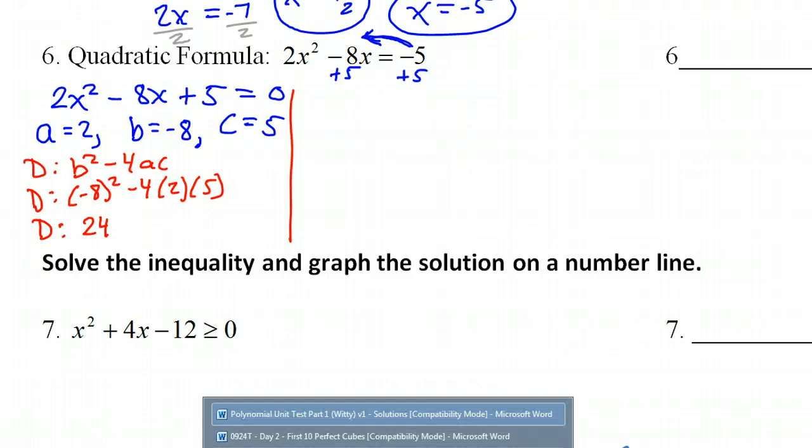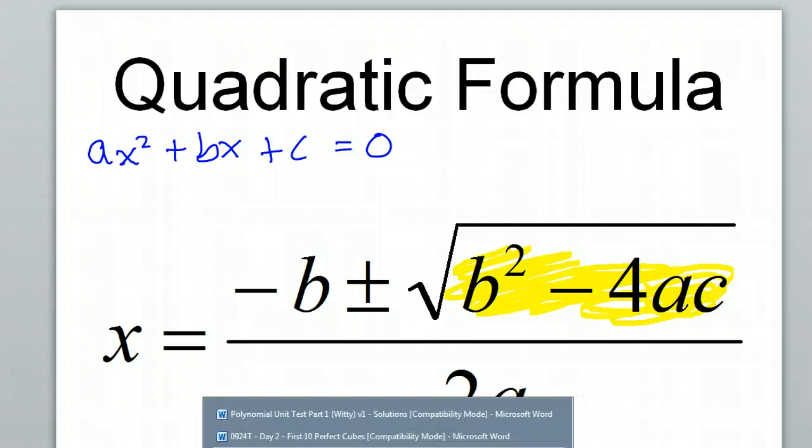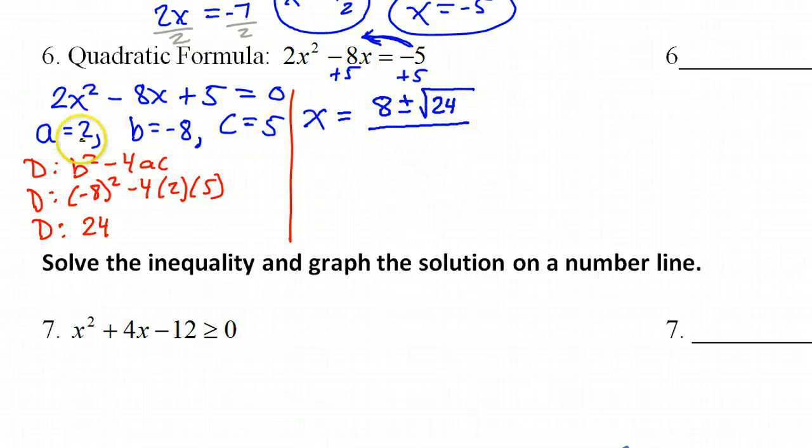According to the quadratic formula, we need opposite of b plus or minus square root. Opposite of b is negative 8, so the opposite of b is going to be positive 8 plus or minus square root. Now the discriminant goes onto the square root, all over 2a. Well, a is 2, so 2a is 4. So this is where we should be starting out.